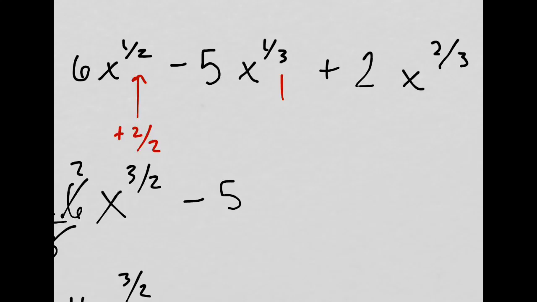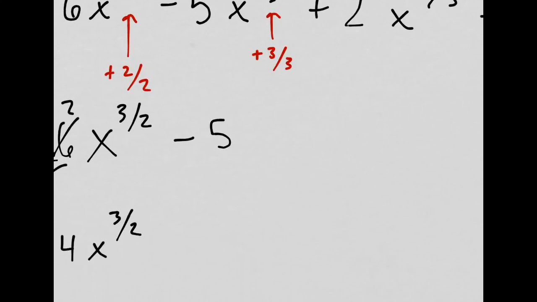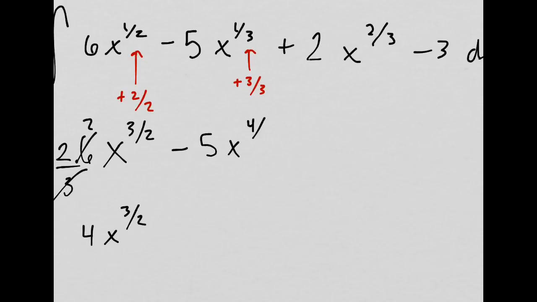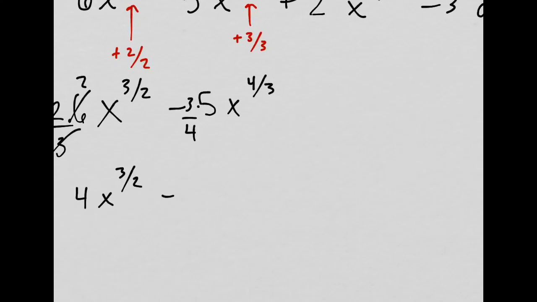Here, when I add 1, it'll be a 3 over 3, so I get x to the 4/3. Instead of dividing by 4/3, I flip and multiply all in one step. So that's 3/4. Nothing simplifies there, so it's just minus 15 over 4 x to the 4/3.